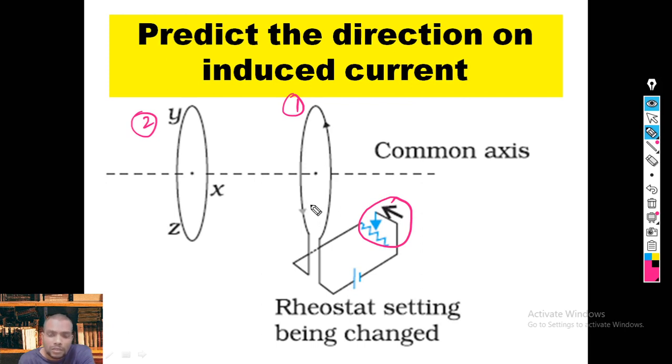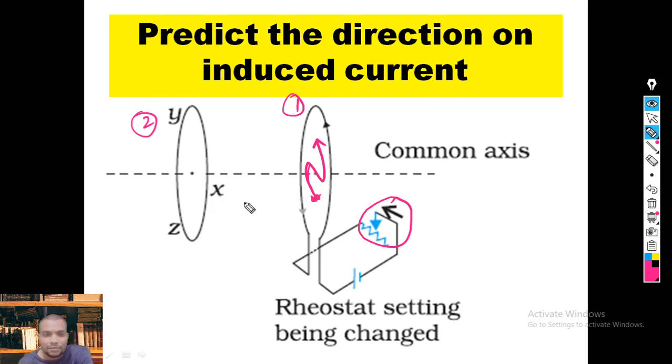So in the original flux, the polarity of the magnetic field depends upon the direction. Suppose it is in the anti-clockwise direction. If it is anti-clockwise direction, here it is contributing north pole. Yes, anti-clockwise direction is contributing north pole.